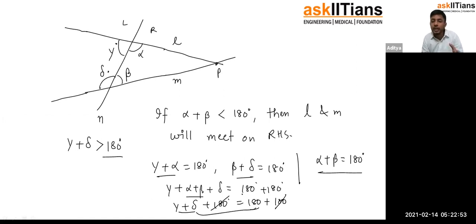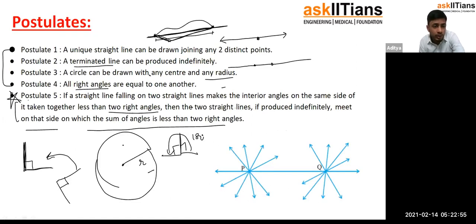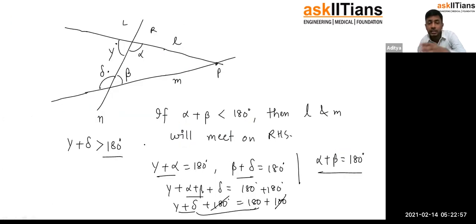So what will happen in that case? Postulate 5 tells us that the lines will meet on that side of the transversal, or the third line, where the sum of interior angles is less than 180 degrees. But in this case, neither side satisfies that. This side also the sum of interior angles is equal to 180 degrees, not less than 180 degrees, and on the other side also it is equal to 180 degrees. Then in that case what will happen?